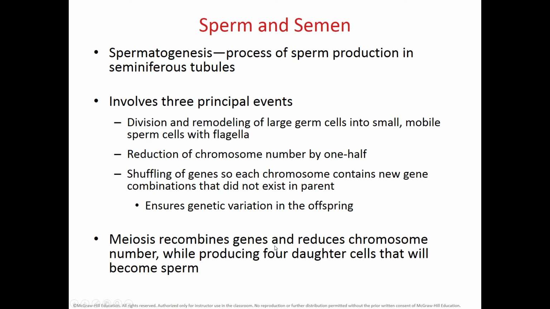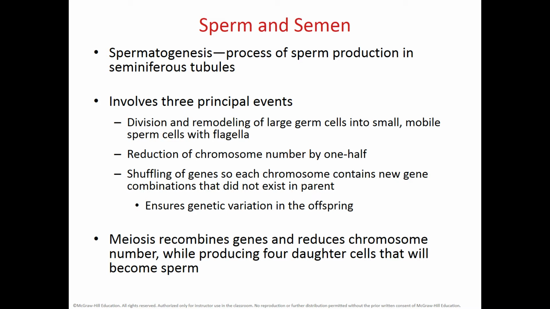So the actual production of sperm cells is spermatogenesis, which happens in the seminiferous tubules. And as this spermatogenesis is happening, you have this remodeling of these spermatogonia that started as large cells into small mobile cells that we call the spermatozoa.